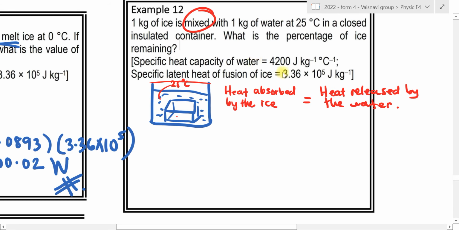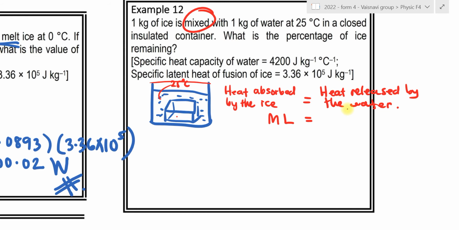Have you thought of it? No. So you need to be aware. They already tell mix together. That is the clue. If they mix, use the mixture method. Heat absorbed by the ice equal to heat released by the water. Heat absorbed by the ice to do what? Melting, right? So ml.